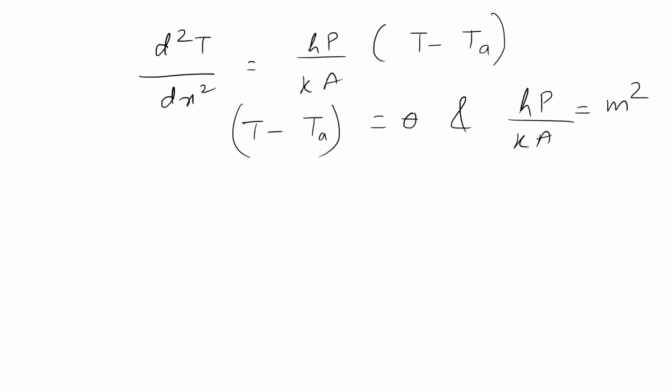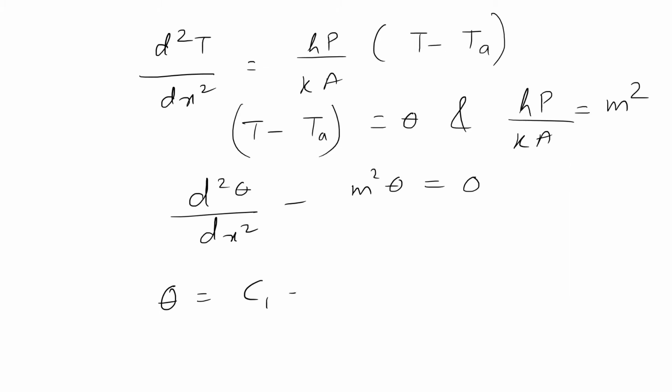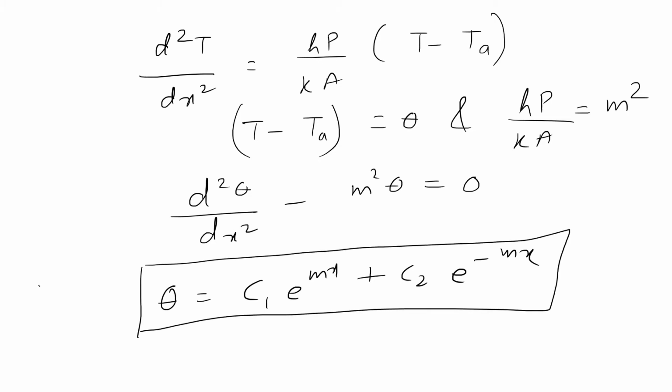So we can rewrite the equation as, now this is a second order differential equation and we have to find the general solution to this differential equation, and it can be written as, so this general equation can be used for deriving the above cases.